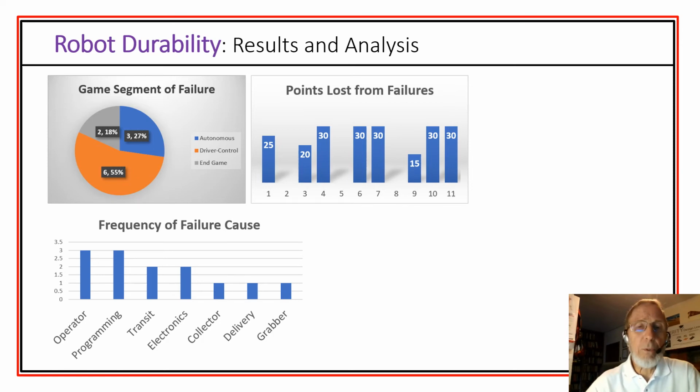How many of them were really operator errors? How many of them were programming errors? How many of them had to do with the transit process, electronics, and so on? So we begin to cluster them into groups, which helps us identify where the greatest failure occurrences are, where we should put some more attention to prevent these failures in the future.